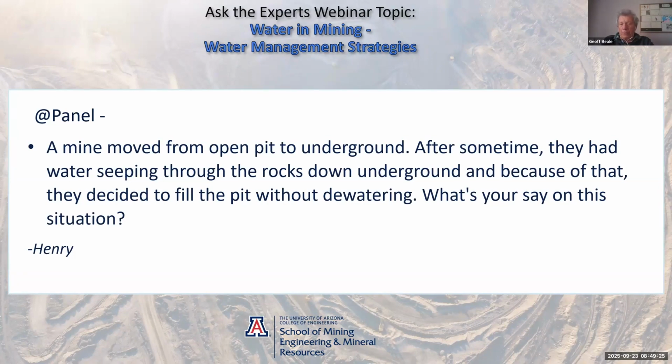It increases the strength and reduces the potential for it to migrate into the underground, and it also reduces the amount of water released by the tailings. So there's a couple of operations that have done that quite successfully.